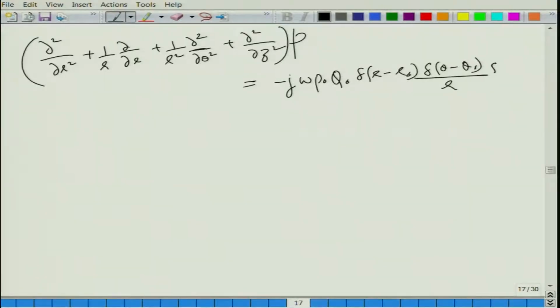So, these are your Dirac delta functions in cylindrical polar coordinates.